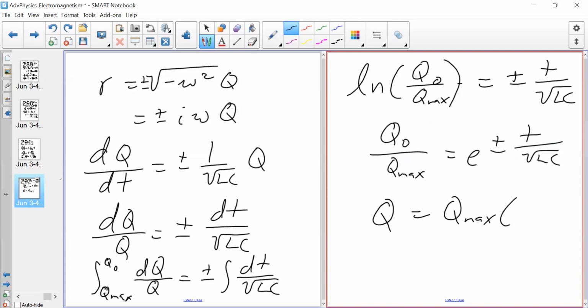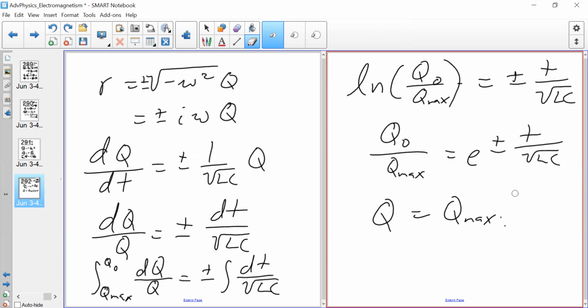Q max cosine omega t, because remember, omega was 1 over the square root of L over C, omega times time, plus a phase shift. If we weren't starting at the regular cosine function at the maximum amplitude, we shifted it over. That's your phase shift. So we're going to put that in there as a general case.